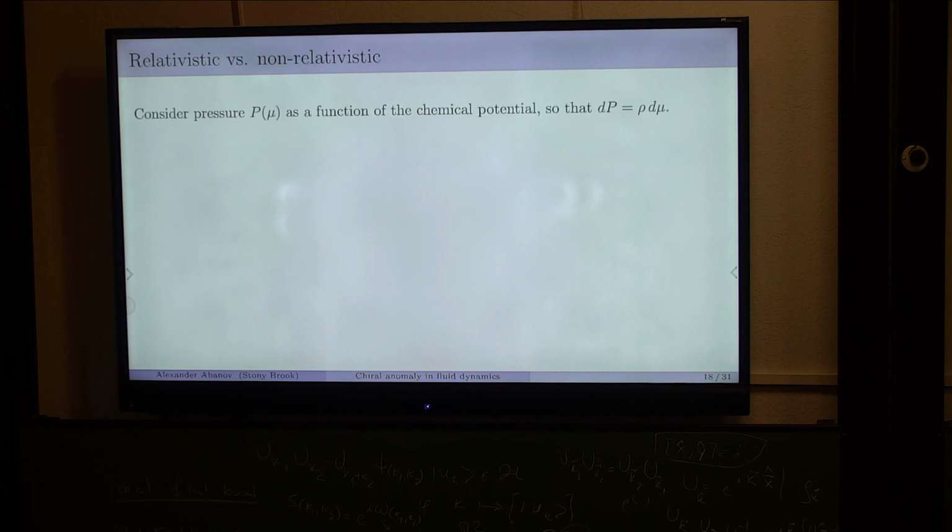Now, how to get the actual standard Euler equations from all of this? It turns out that the recipe is the following. Take pressure as a function of chemical potential, not as a function of density, which you can easily recalculate, of course. Then the differential of pressure is density multiplied by the differential of chemical potential.